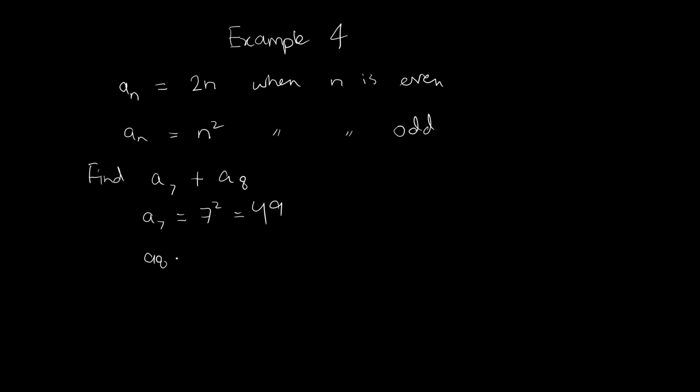But for a_8, since 8 is even, we'll choose the 2n formula and hence we'll have 16. Therefore, the sum is equal to 49 plus 16, which simplifies to 65.